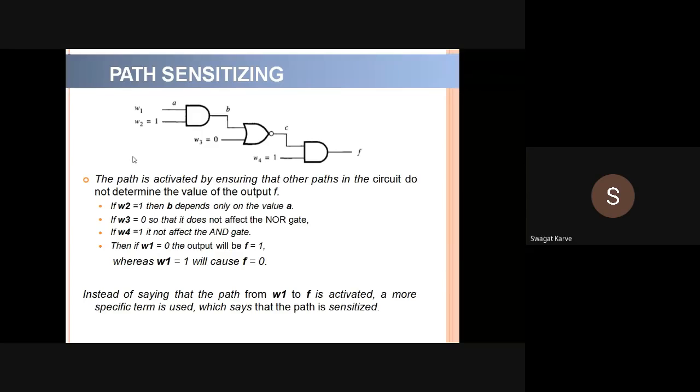I haven't mentioned the names here because this is the example of path sensitization. But if you carry out the stuck-at fault model test with this same circuit, then A, B, C, then W2 will be D, W3 will be E, W4 will be F, and we have to give another name to the output, say G. Then how many internal wires do we have?